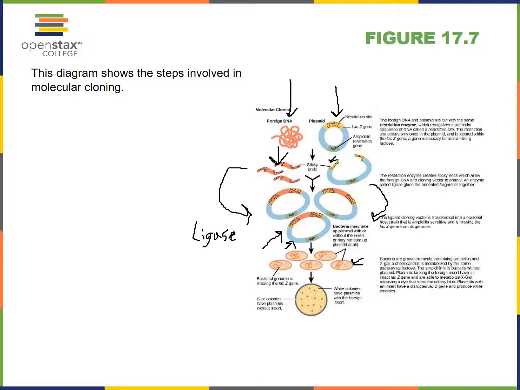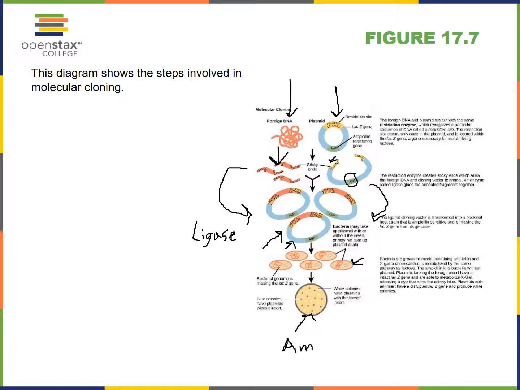Now, I don't know if you can read this, but I believe it says ampicillin, or AMP for ampicillin, and is the ampicillin resistance gene. So after you heat shock your bacteria, you grow them up a bit in a broth, and then you plate them on an agar plate with ampicillin. And ampicillin is an antibiotic.